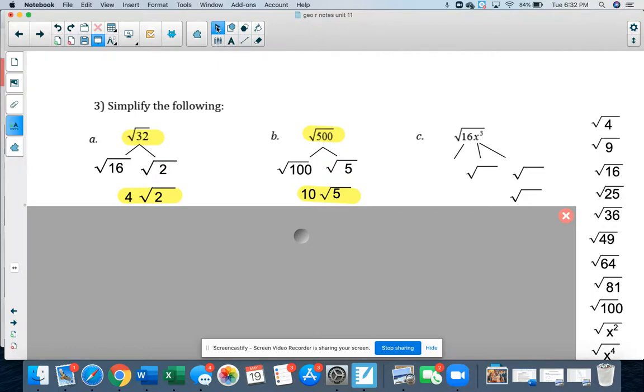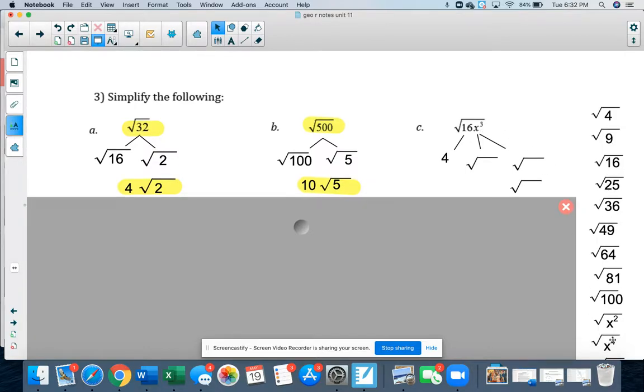Now this next one, C, 16 is a perfect square. The square root of 16 is equal to 4. X to the third is not a perfect square. Remember, x to the fourth is a perfect square and x squared is a perfect square. Only the even exponents are perfect squares.